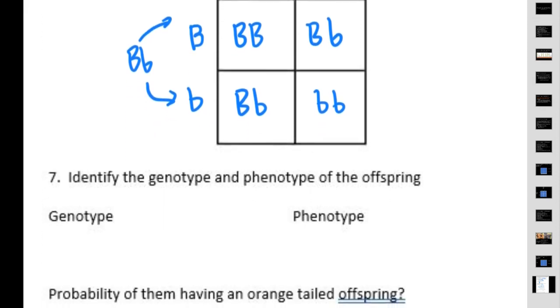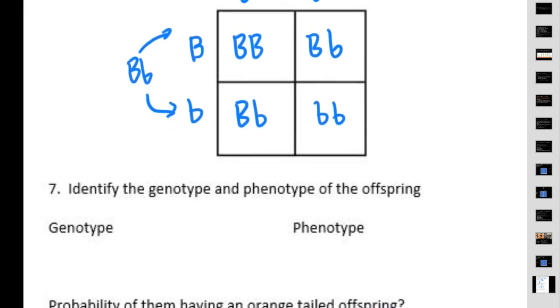If I wanted to interpret the genotype and phenotype of the offspring, the easy thing to do right in here is for my genotype, I have one that is big B big B, two that are big B little b, and then I have one that is little b little b.